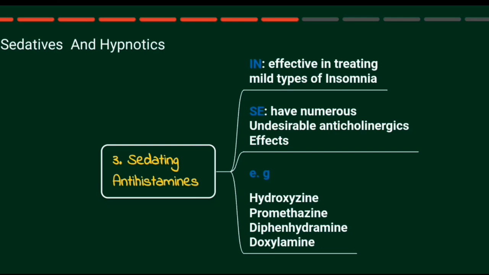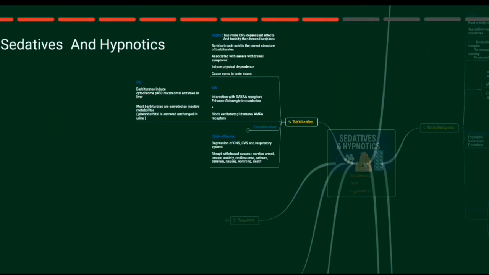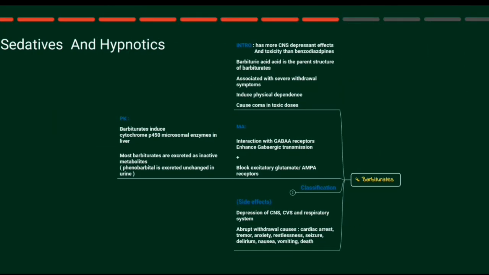Guys, let's talk about the fourth class of drugs here, the barbiturates. So the barbiturates have a CNS depressant effect and toxicity greater than benzodiazepines. The mechanism of action of the drug is that it interacts with GABA-A receptors to enhance GABAergic transmission, and they also block excitatory glutamate and AMPA receptors.